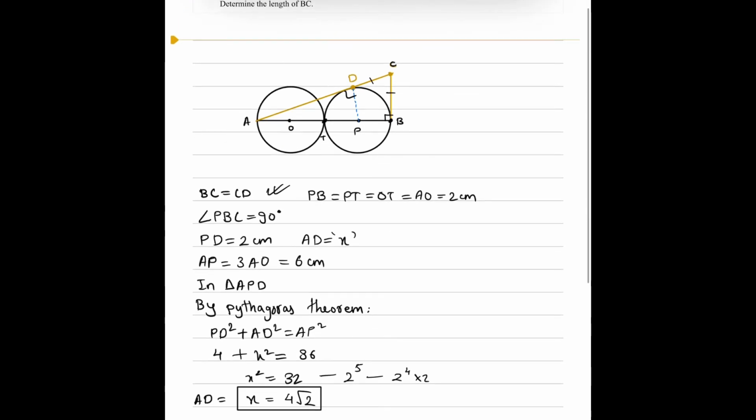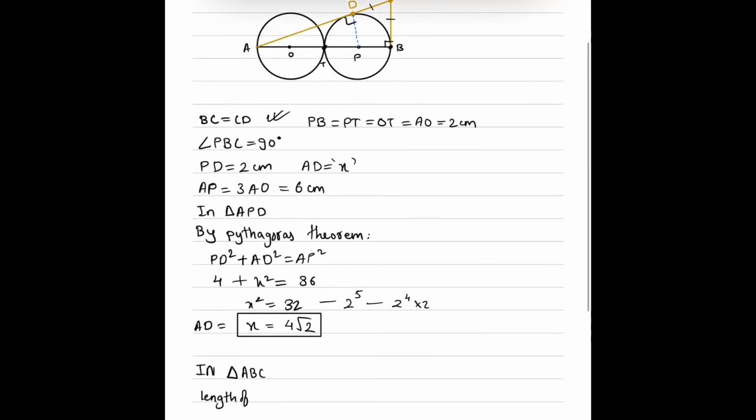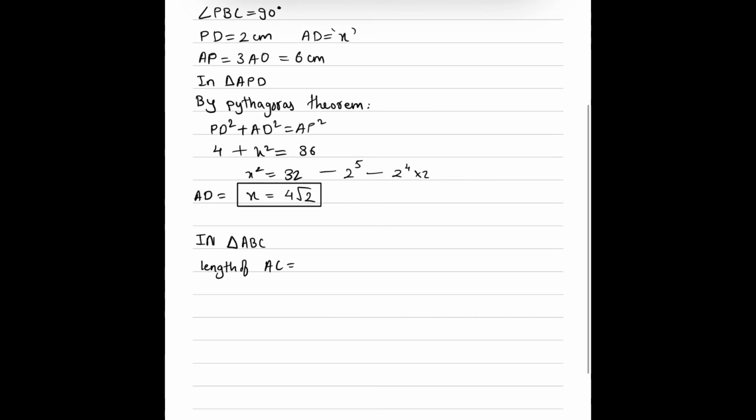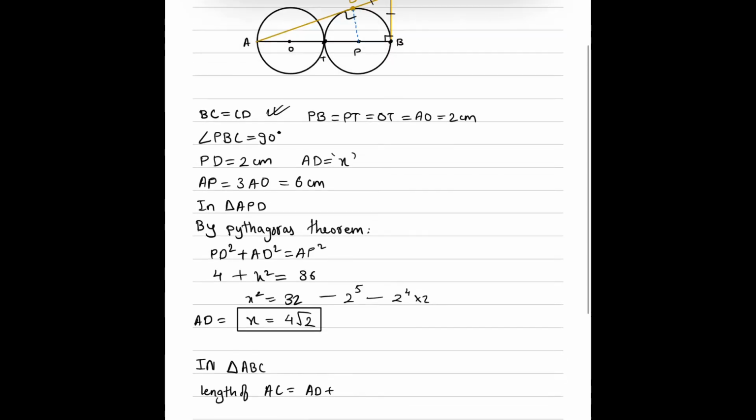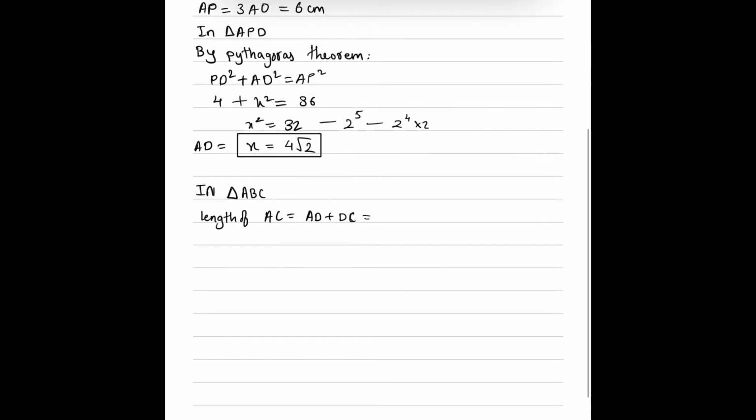Next we also know AD. So now we know the length of AC. Length of AC is equal to AD plus CD.